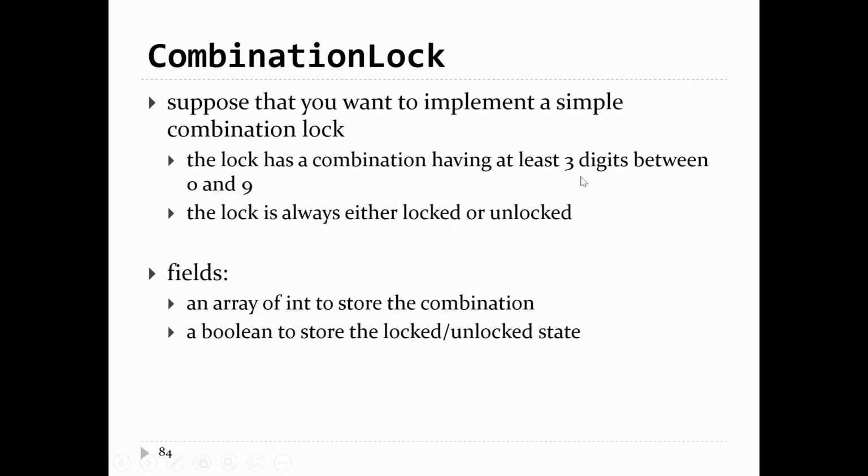It looks like a possibly variable number of digits, which means I can't just use 3 fields, number 1, number 2, number 3, because if I have a 4-digit lock, I can't add another field. So I'm going to use an array in this case. You could use a list, but it's easier to talk about arrays for now. The lock is always locked or unlocked, so I need some field to store the state of the lock. That's going to be a Boolean value: true is locked, false is unlocked.